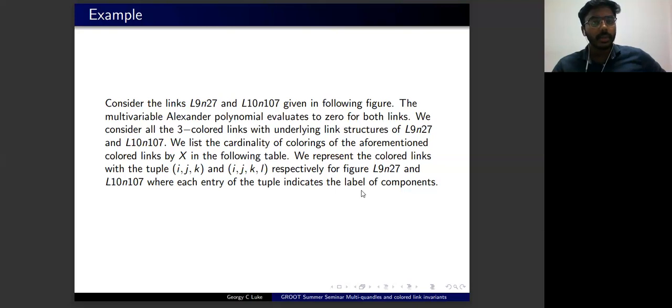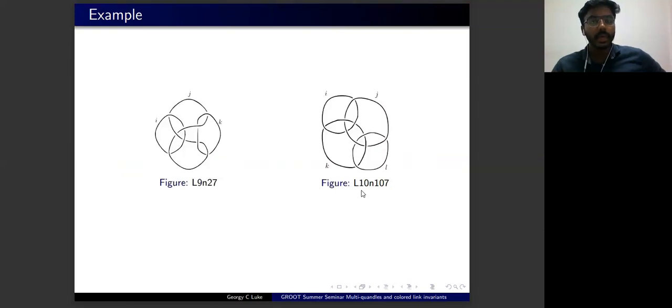Then I have computed some more examples. These are two links. The first component is colored I, the second component is colored J, and the third K. Any of these could be 1, 2, or 3, since we are considering 3-colored links. So here I, J, K, L belong to the set {1, 2, 3}.